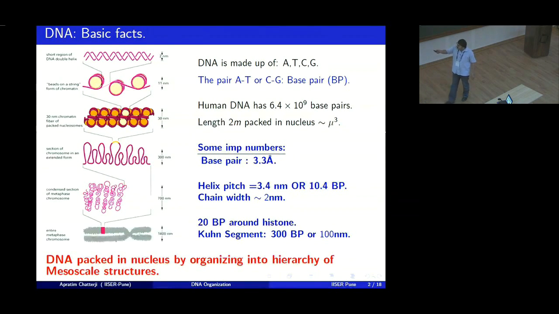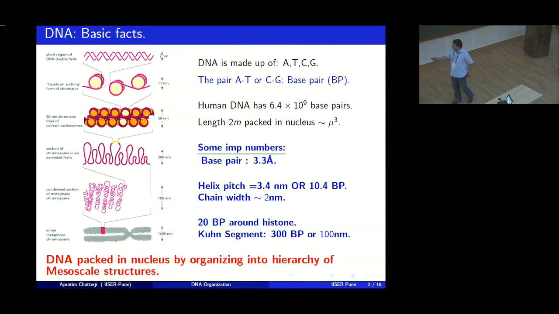This pearl necklace structure itself packs and forms a so-called 30 nanometer chromatin fiber bundle. So organization from the DNA helix, at the 2 nanometer scale, to the 30 nanometer scale is understood to some level, but how the 30 nanometer fiber in turn organizes itself at larger length scales is a matter of intense investigation.